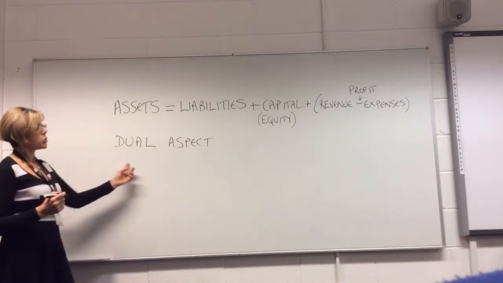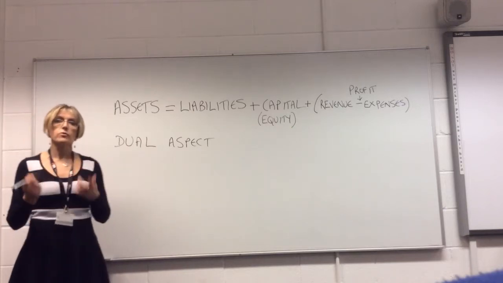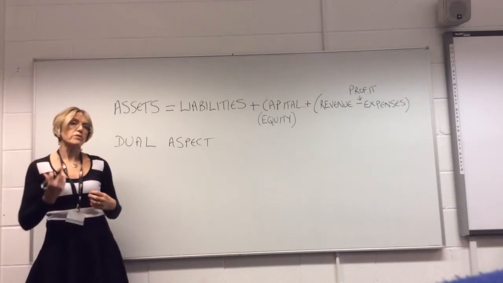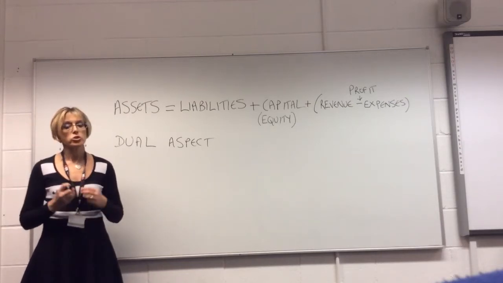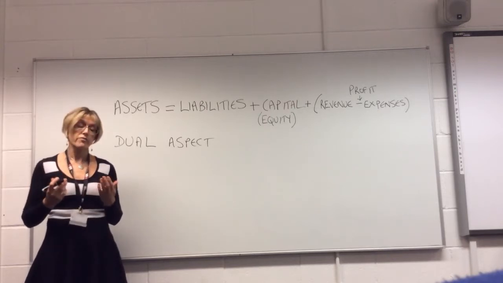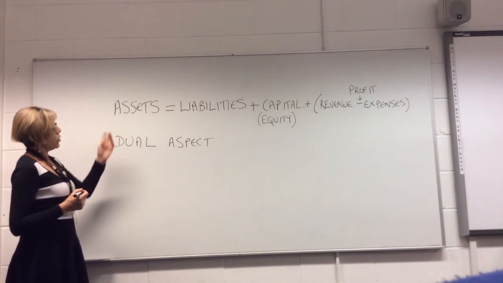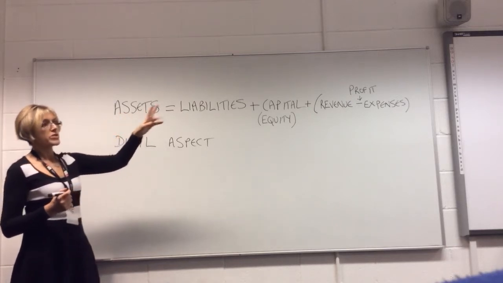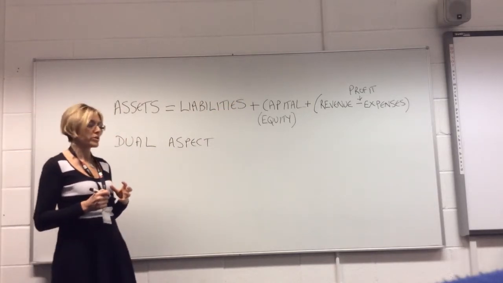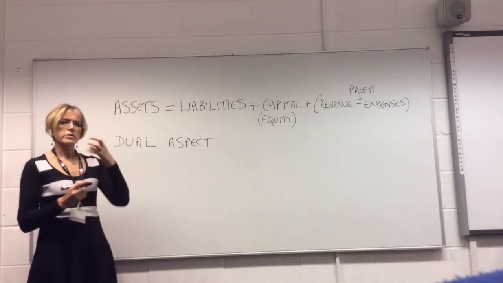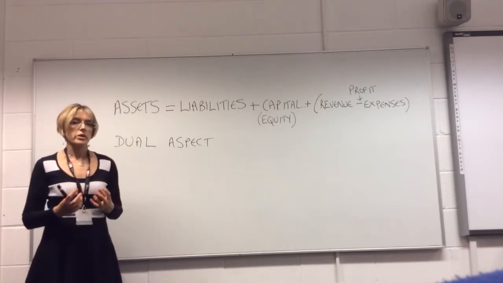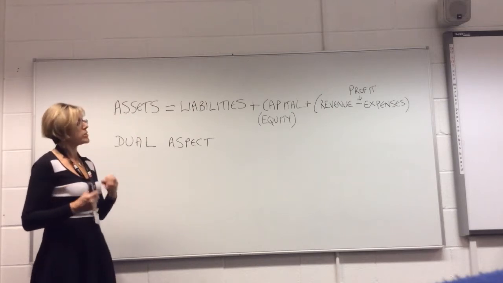And sometimes when we talk about the dual aspect of all transactions, we call it the giving and receiving effect. Every transaction that a business enters into has both a giving and a receiving effect. Now, we know that all transactions affect these different parts of the accounting equation. And double entry bookkeeping is a system of recording the dual aspect of all transactions.